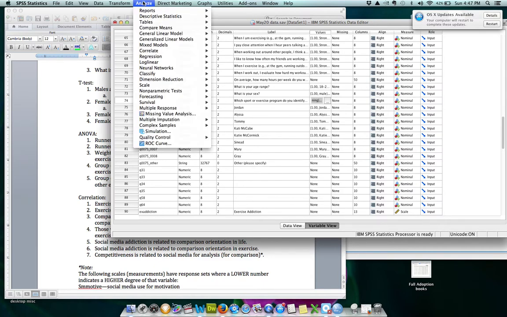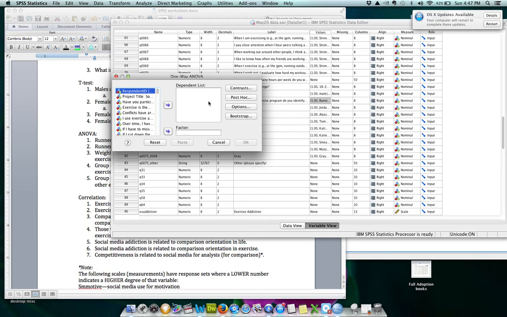So we go to Analyze. We'll go to the same place, our one-way ANOVA. Okay, so this looks a little bit the same. The test variable is your dependent variable, so it's easy because SPSS labels it as such.